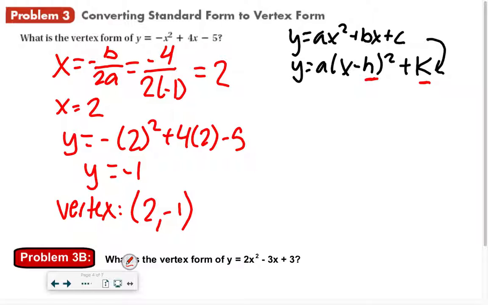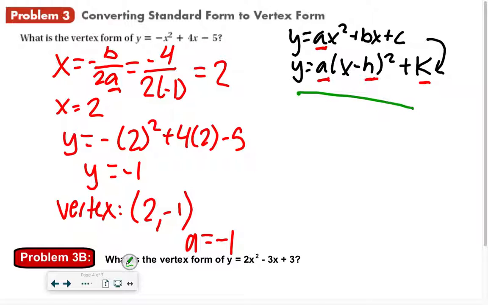I leave y and x in the formula, so the only variable I'm looking for is this a. Well, I already got a. You plugged it in here for a. What is a? -1. So I'm done. I just have to write my formula.